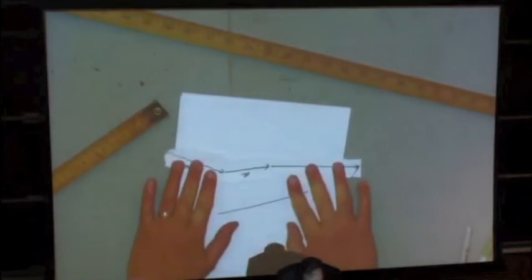Minimum, yes? You want to make a triangle.